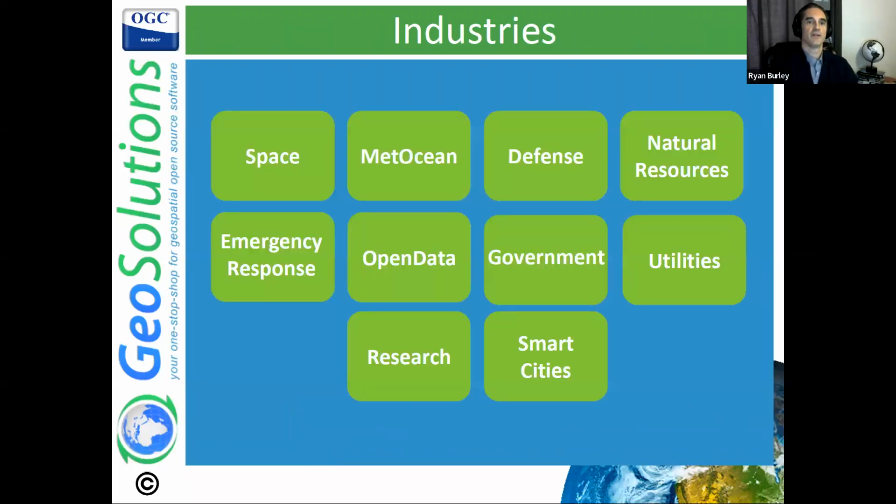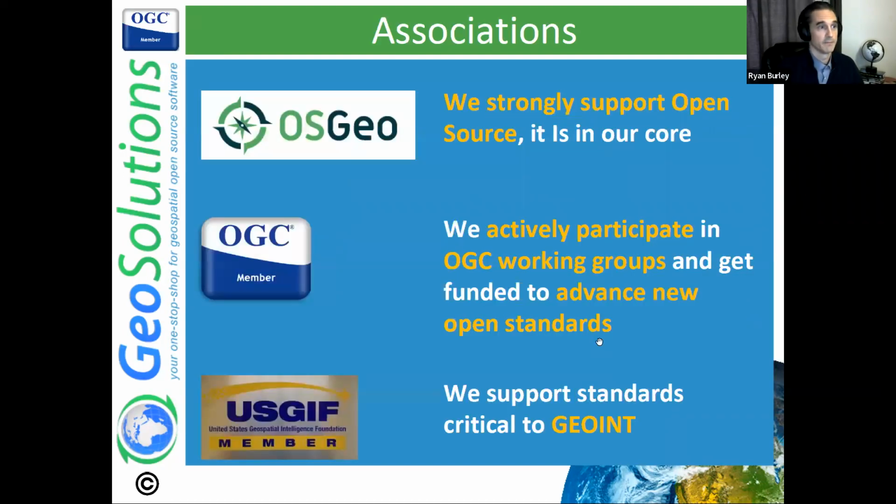We started in defense at a NATO center in Italy, and due to the nature of GIS being everywhere, now work across a variety of different industries. We have broad and deep experience supporting open source across these industries, giving you a solid and trusted industry partner in GeoSolutions to support your open source deployment, regardless of your industry.